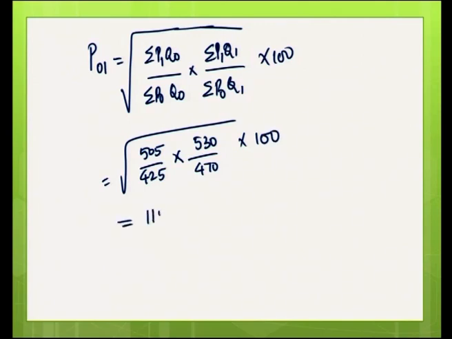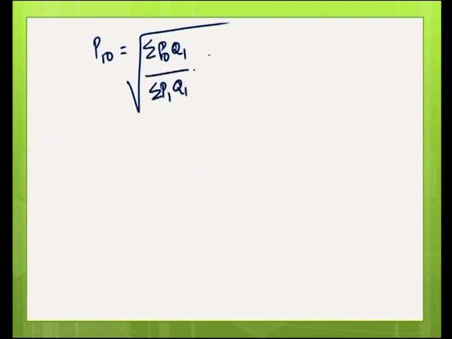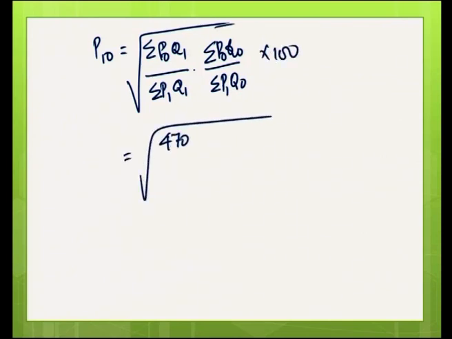So, the answer is 115.76. Similarly, P10 is equal to root of summation P0 Q1 by summation P1 Q1 into summation P0 Q0 by summation P1 Q0 into 100, and substituting the values, 470 by 530 into 425 by 505 into 100, the answer is 86.38.